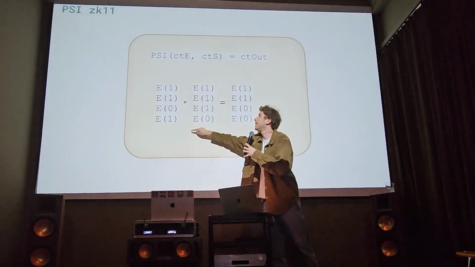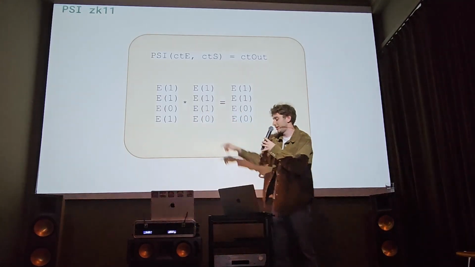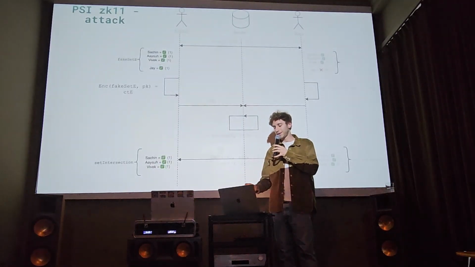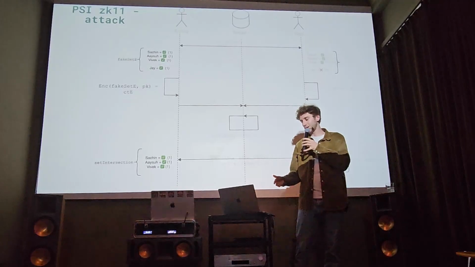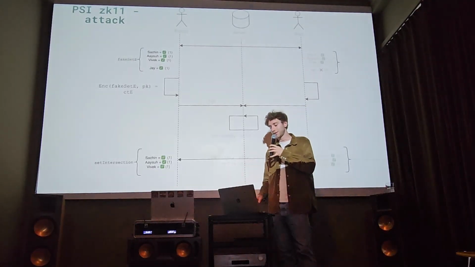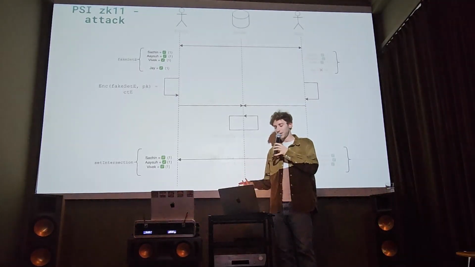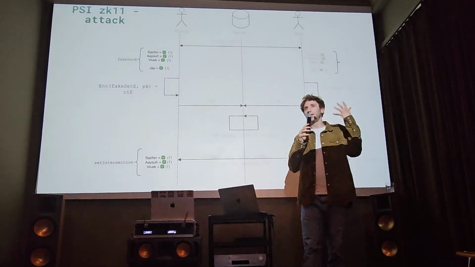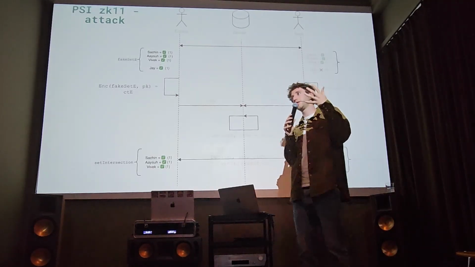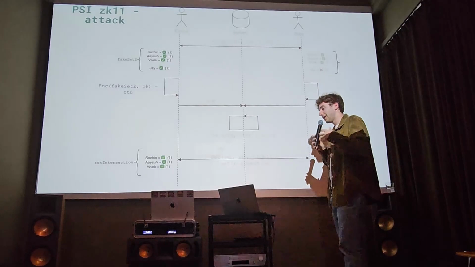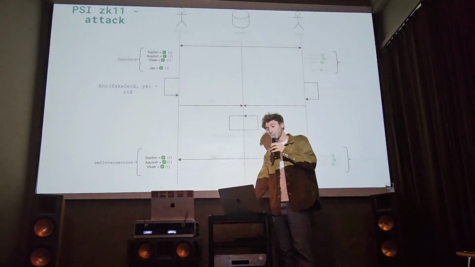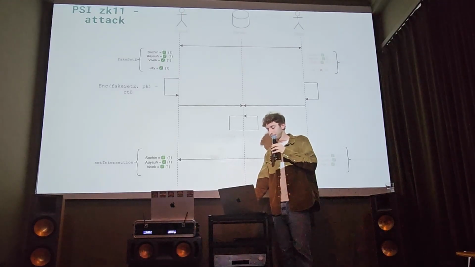So it's like 1 times this vector equals this vector. And as you can see from this attack, basically Enrico gets to know all the signatures that Sora collected. And we don't want that. Maybe for ZK Summit 11 it's not a big deal if you get to know the signatures collected by someone else, but in an application that has to deal with more sensitive data, of course you want to avoid that.